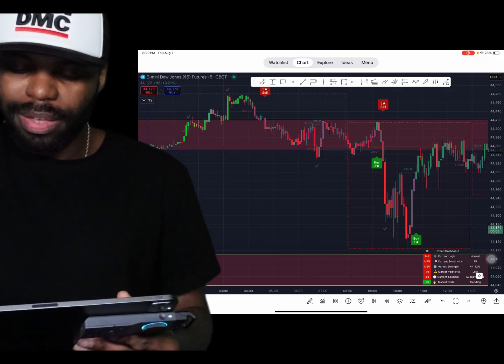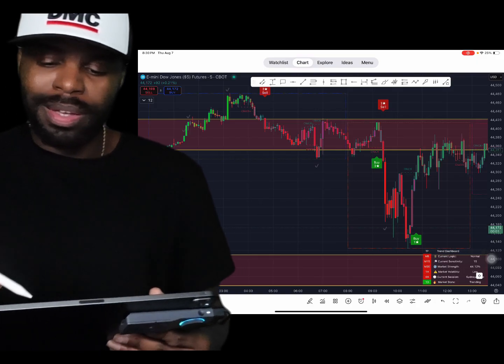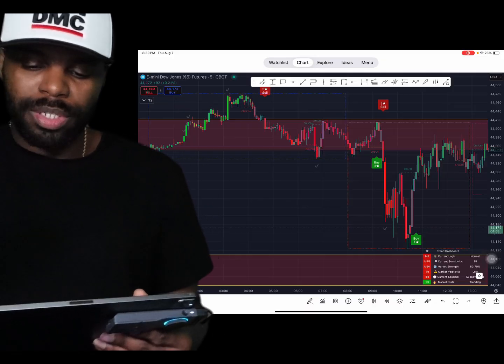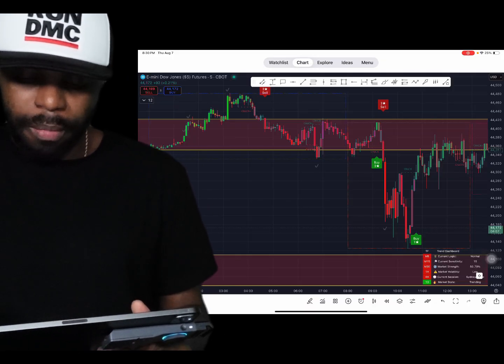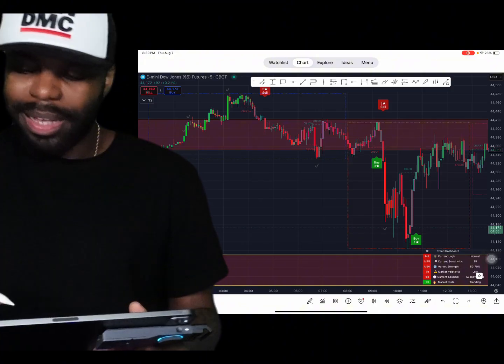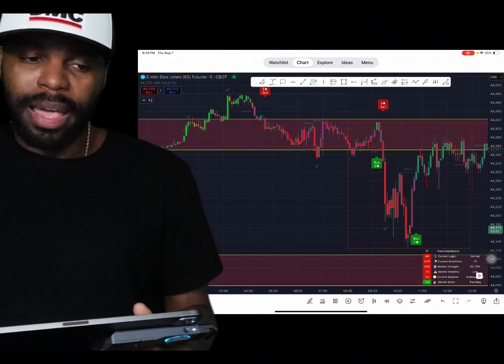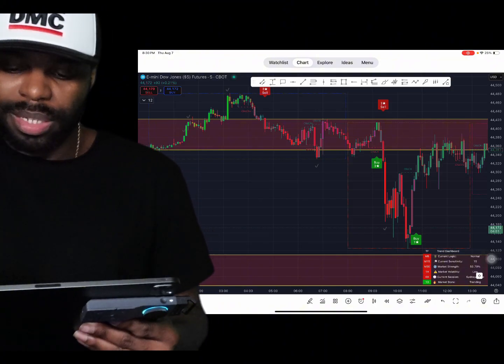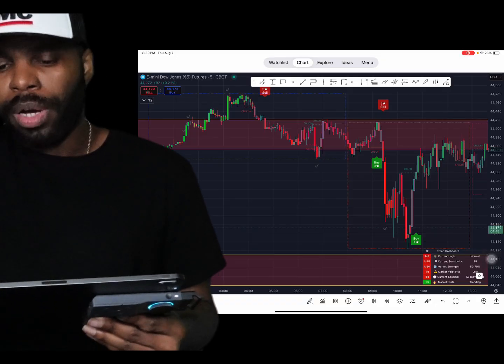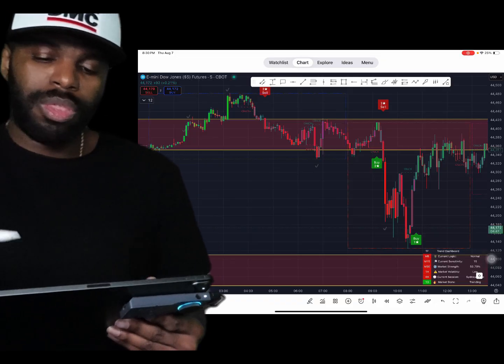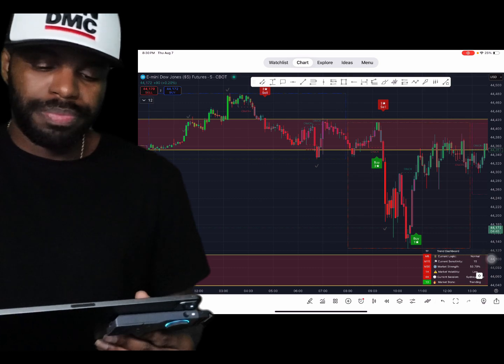The Shark Algo sent out a 3-star sell signal, and literally you could have gotten a trade based on that rejection off of the U.S. session high, and also the Shark Algo sell signal.